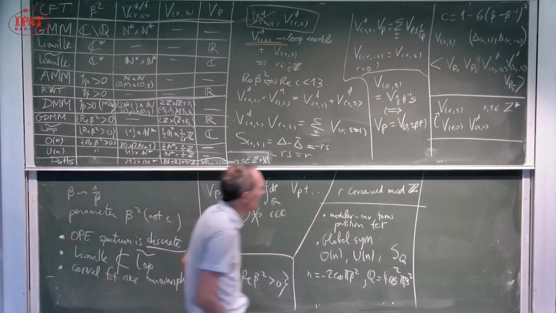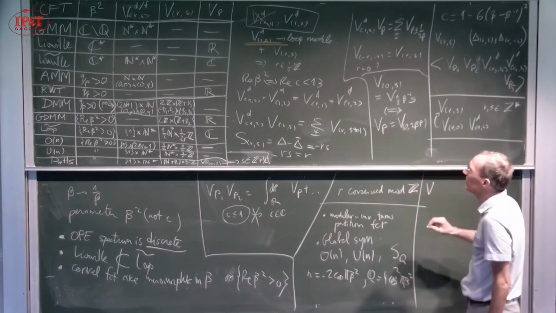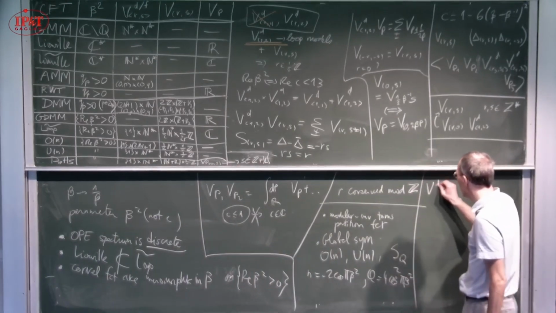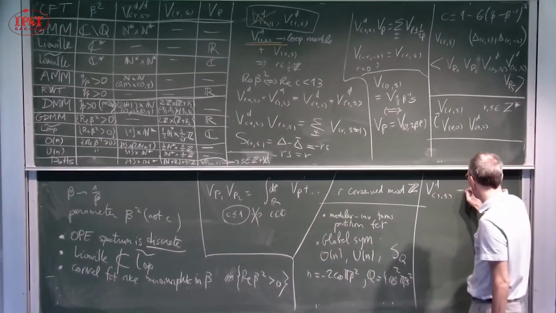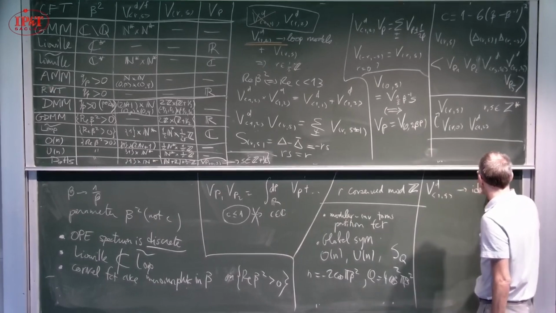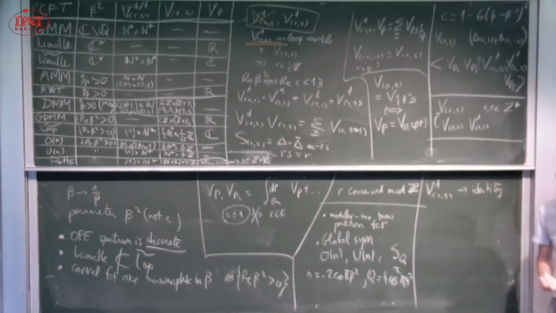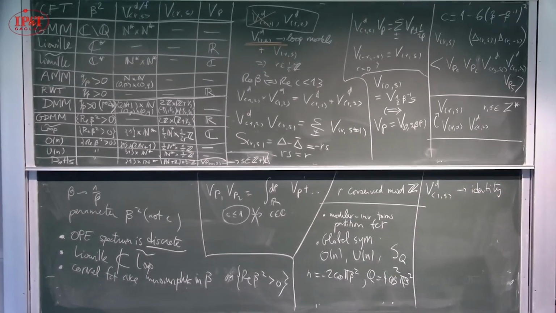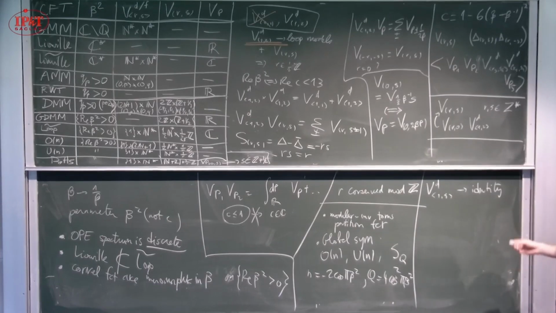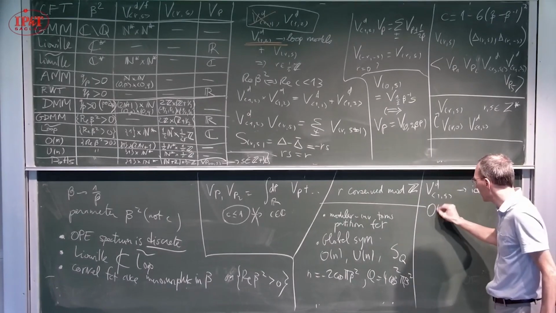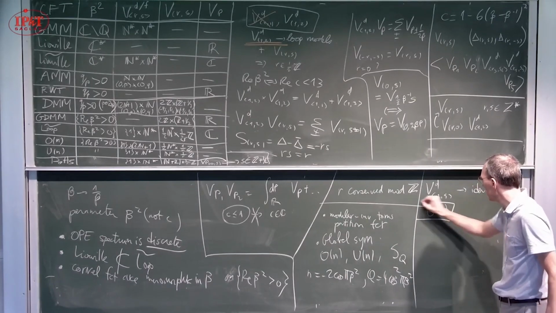So first, the degenerate fields here are always in the identity representation. So they transform trivially. Then the other fields in general transform non-trivially. So let's focus, for example, on O(n).